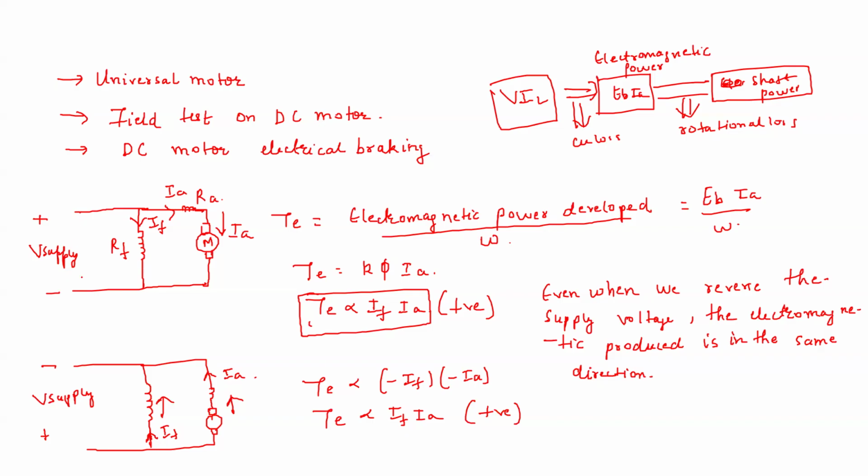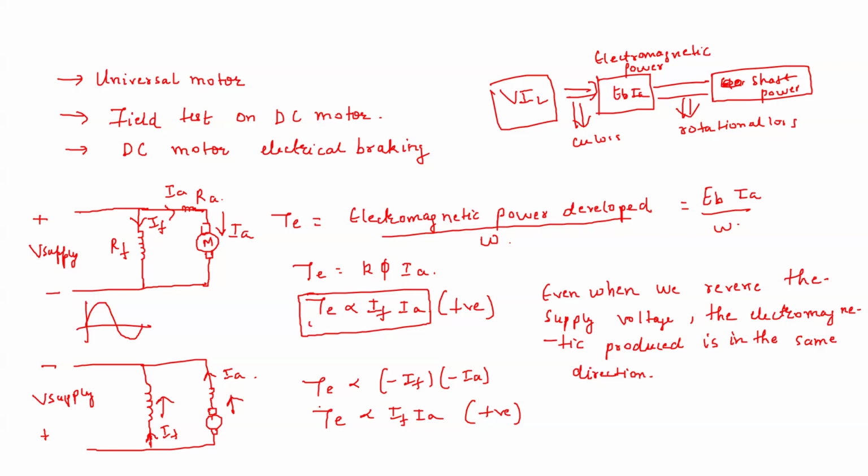Even if it is a positive voltage, the torque will be in one direction. And in the AC supply we get negative voltage on its own, because AC supply has positive and negative like this, right? So we do not need to continuously change. It will automatically change the direction of voltage supply. So in that case my IF and IA will be negative, but the torque will still be produced in the positive direction.